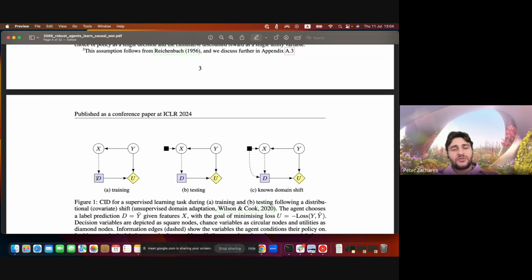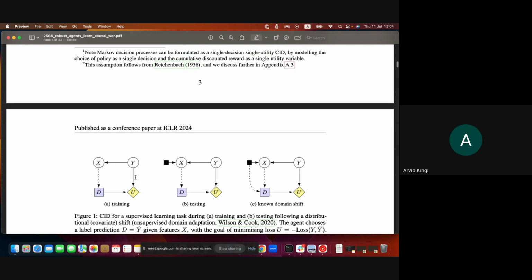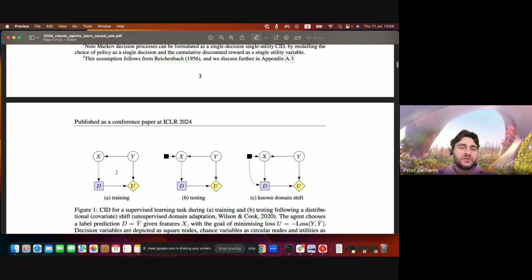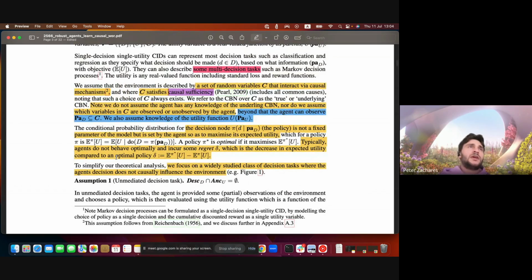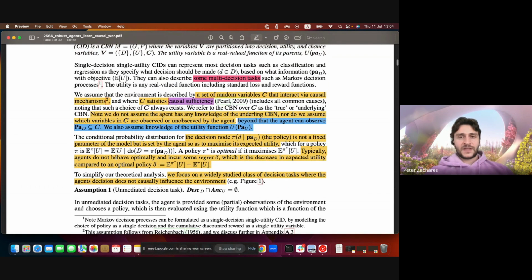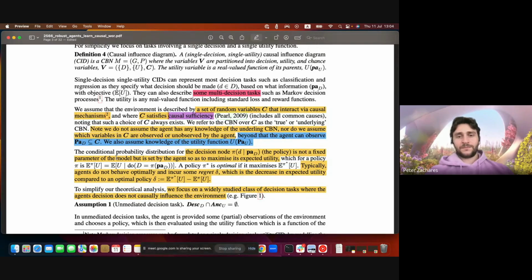You have to have a direct link between D and U, essentially. Yep. Or you can have additional new causal variables that affect U, but they can't be ancestors of D. So yeah, you don't affect the world with your decision, you just affect the utility. That's one of the assumptions that they have here.